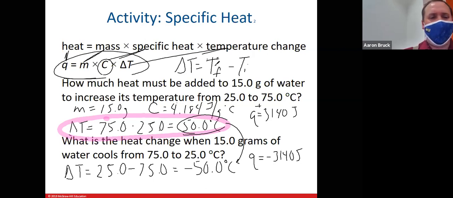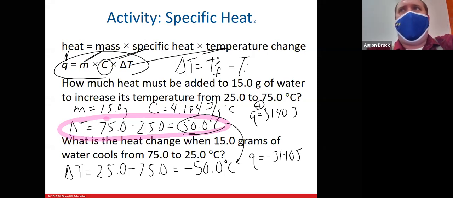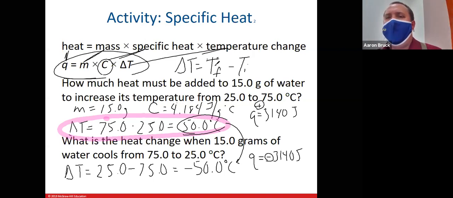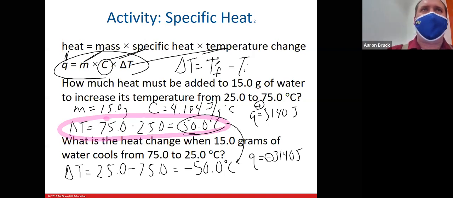In the first example, heat went into the water and raised its temperature. That's why the sign was positive. In this case, heat is leaving the water, lowering its temperature, and that's why we get this negative. So positive and negative are just functions of the direction that the heat is going. Is it going into the system and raising its temperature, or is it flowing out of the system and lowering its temperature?